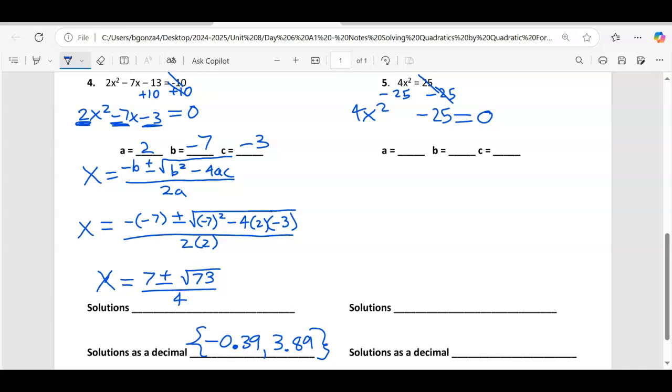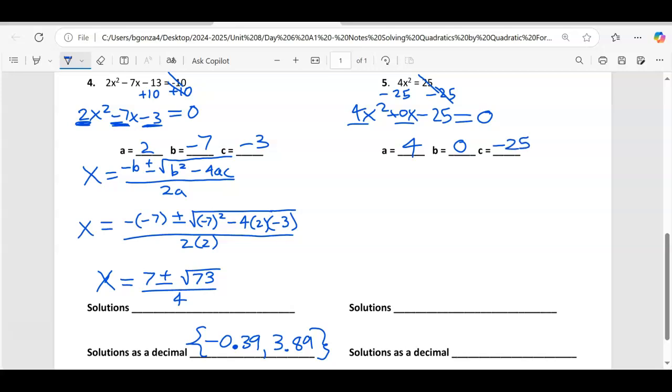The middle is missing. Guess what number that's going to be if it's missing? What number means nothing? 0, right? So here's the deal. My b term, my middle x term, is like a 0x. So if you want to write it, there's like an implied 0x here, okay? It's missing. So our a is 4, the missing x is 0, and then c is negative 25.